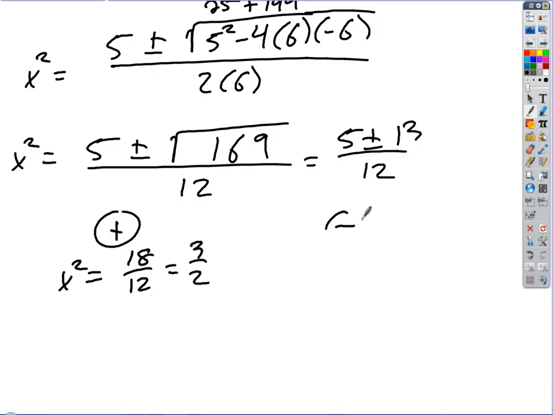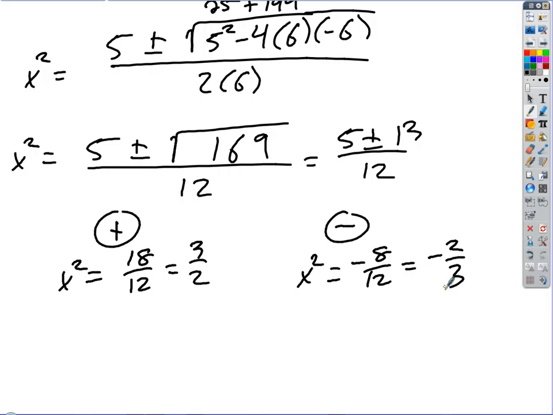If I take the minus sign, I'm going to get x squared equals 5 minus 13, which is negative 8 over 12, which reduces to negative 2/3.